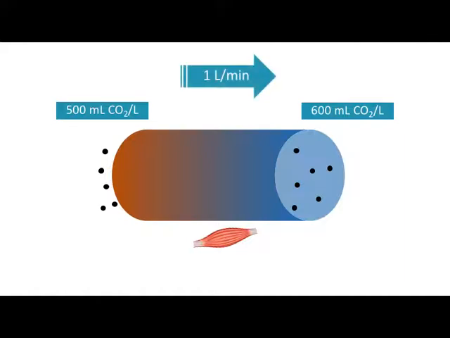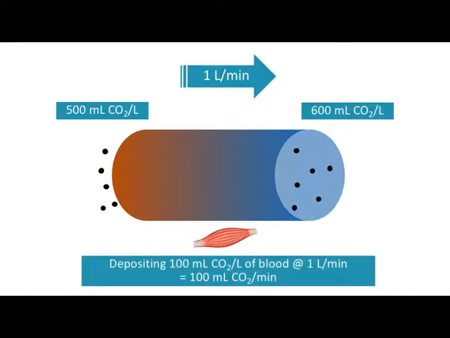If flow rate is the same person, same situation as our first example, then now this muscle is depositing 100 mils of CO2 per liter of blood at 1 liter per minute. Overall, the net deposition is 100 mils of CO2 per minute, or the VCO2 is 100 mils per minute at this specific tissue.